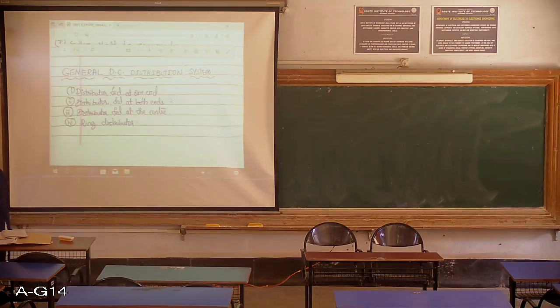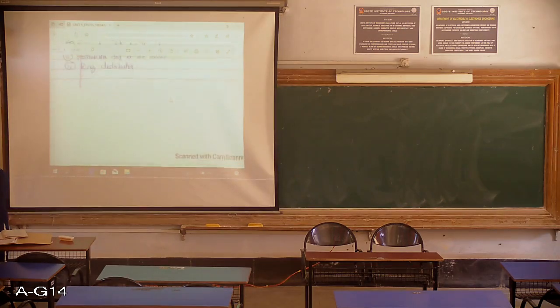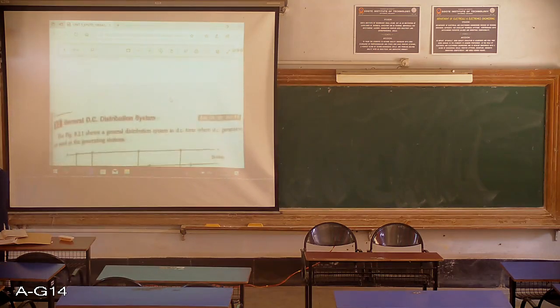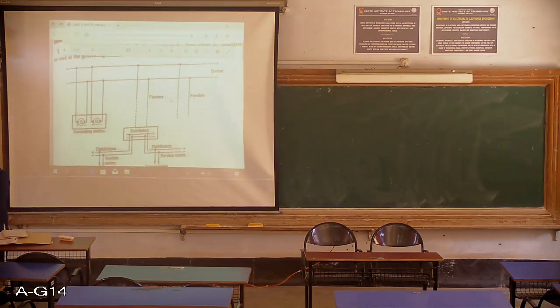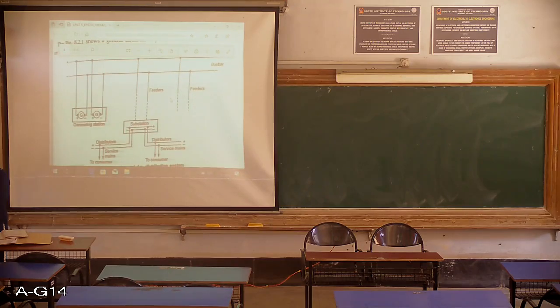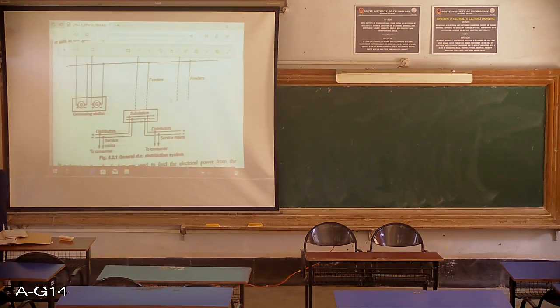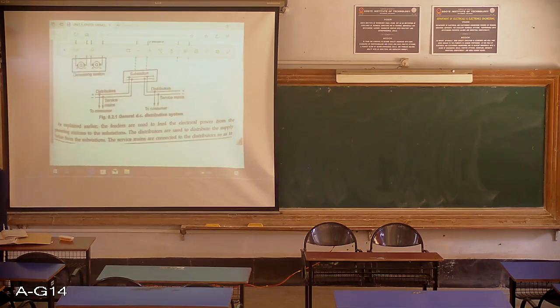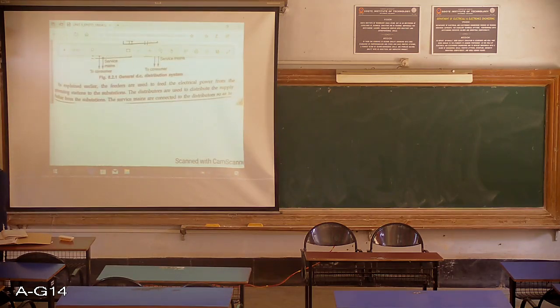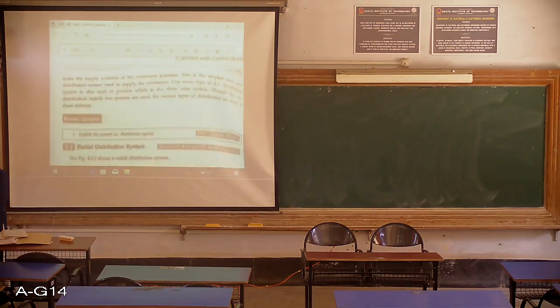Okay, so we'll start with the general DC distribution system. There is a generating station, then we have the substation here, then we have feeders, and then you have the service mains. This is a general layout which we have dealt with already, so you can just go through that.